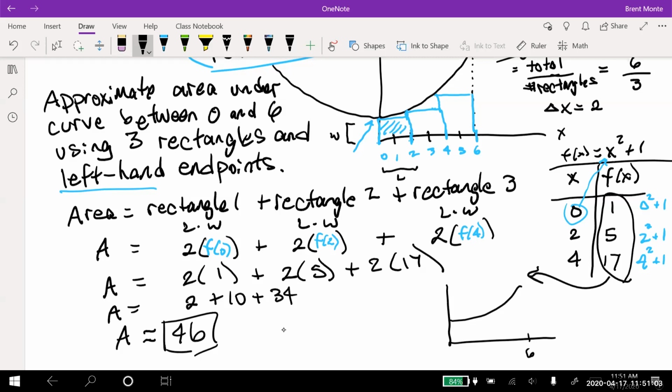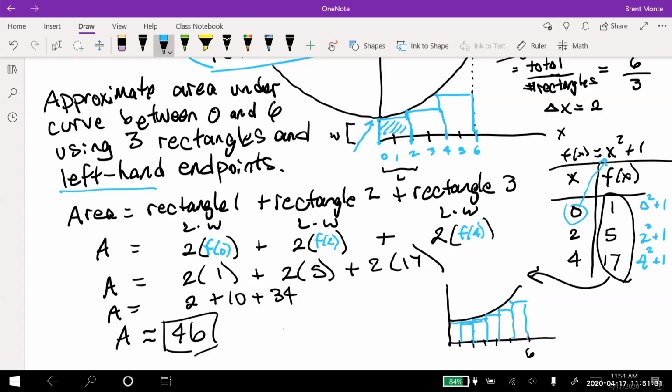So if we increase the intervals, 1, 2, 3, 4, 5, 6, so now maybe we have an interval that goes to 1. And then we have another one that's a little bit higher than the other one. And we have another one at 3, another at 4, another at 5. We just go up to 5.